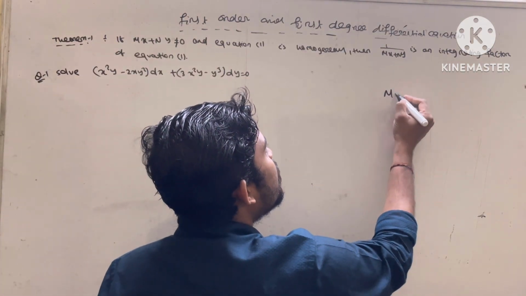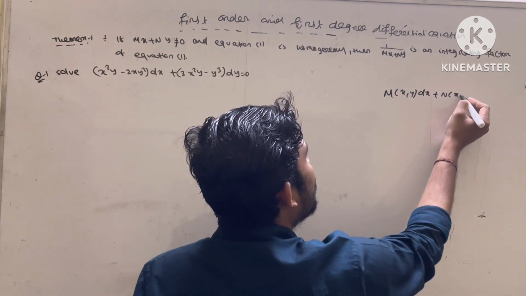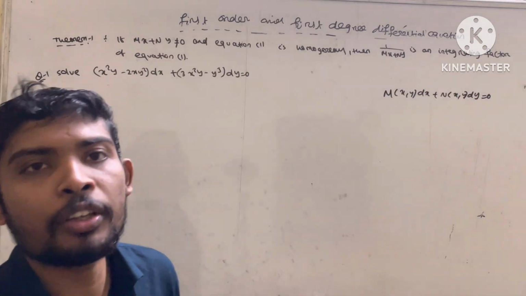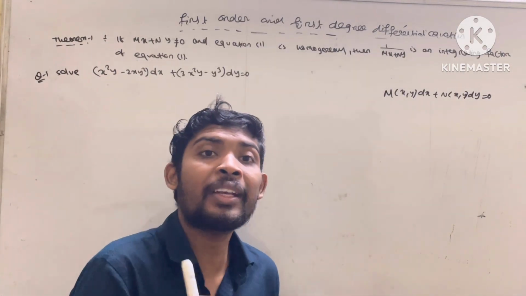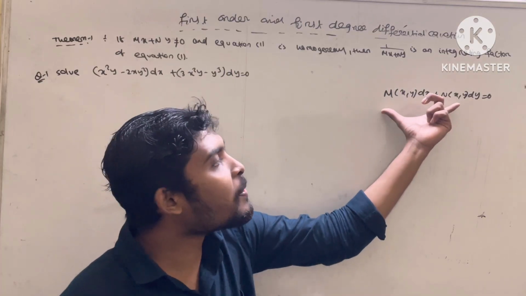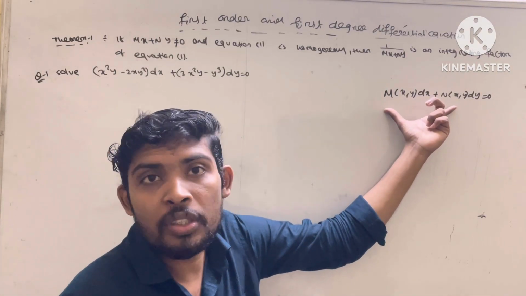The differential equation is this one, M(x,y) dx plus N(x,y) dy. Okay, this is the differential equation. First of all, know what an integrating factor is. Remember one thing: all differential equations are not exact.